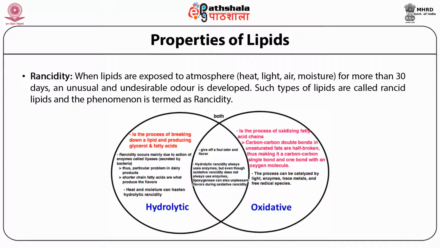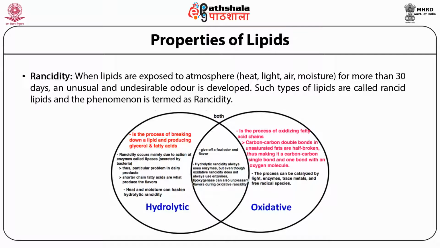On the other hand, oxidative rancidity is the process of oxidizing the fatty acid chain. The carbon-carbon double bond in unsaturated fats is half broken, making it a carbon-carbon single bond and one bond with an oxygen molecule.